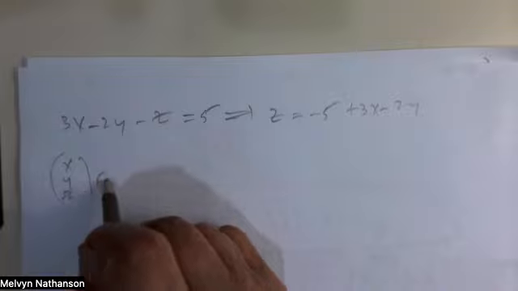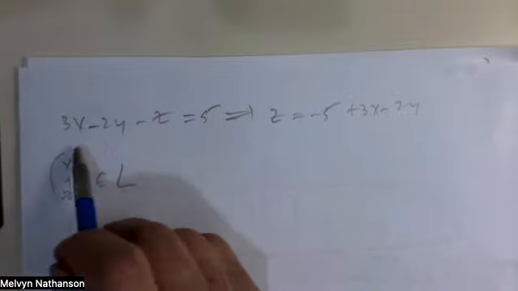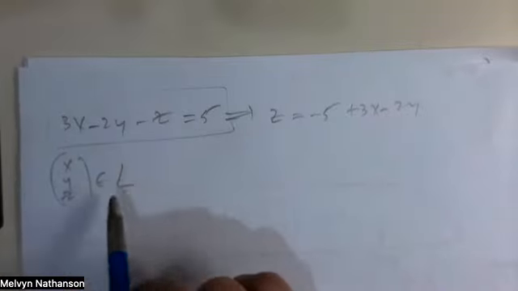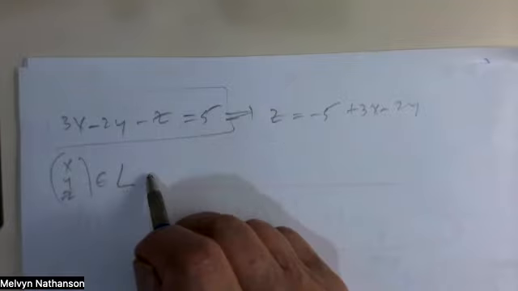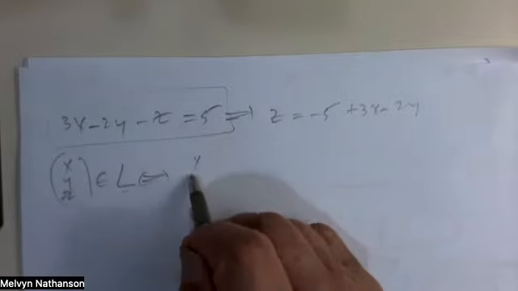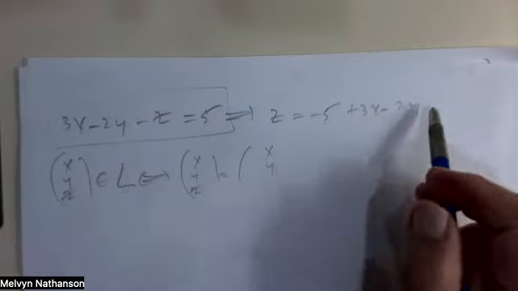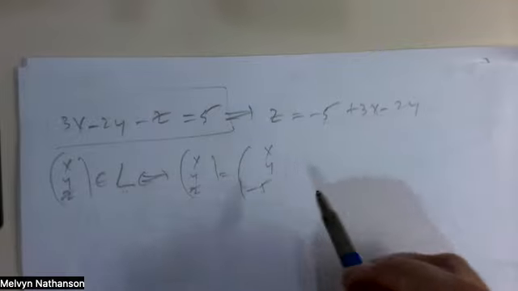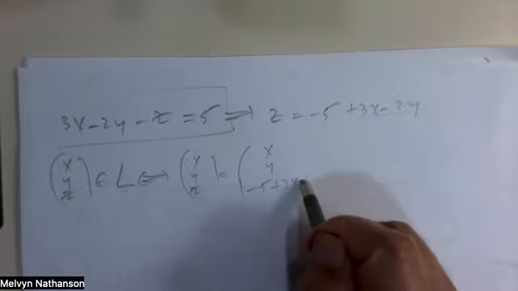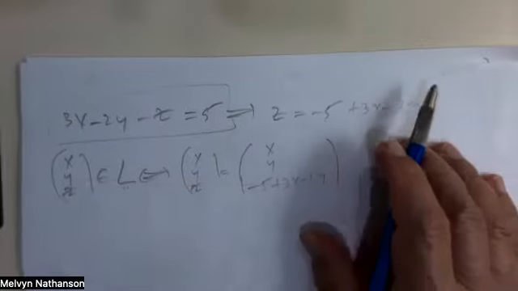So x, y, z is in L. L is the solution space of this equation. So x, y, and z has to be this, minus 5 plus 3x minus 2y.